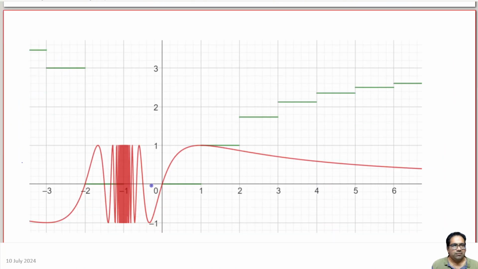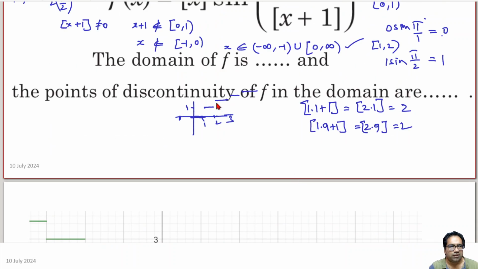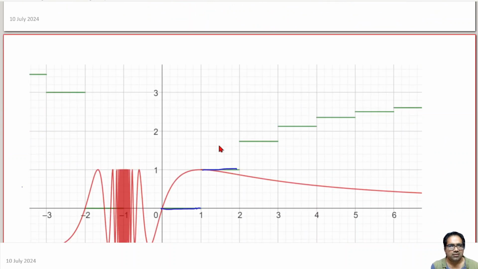For example, 0 to 1, it is like this. 1 to 2, we have figured out it is 1. 2 to 3, we have figured out it is 1.7, that is root 3. And 3 to 4 is even slightly higher.